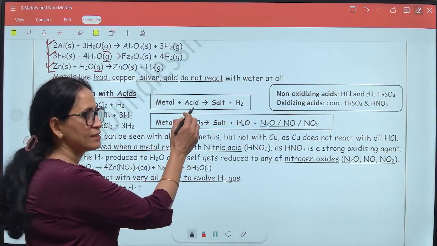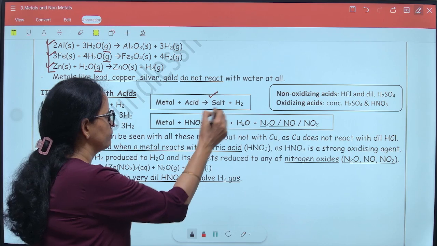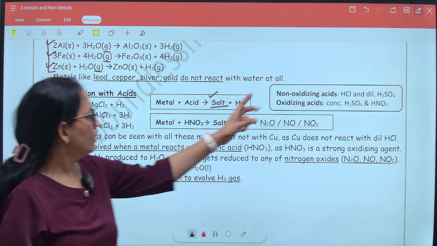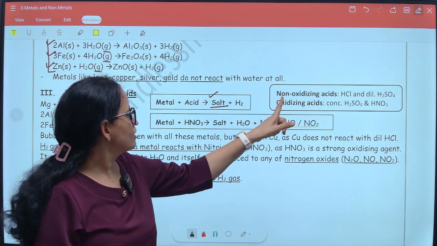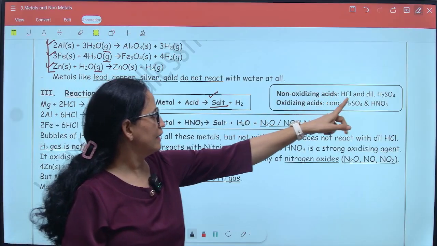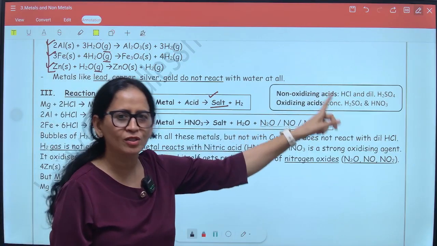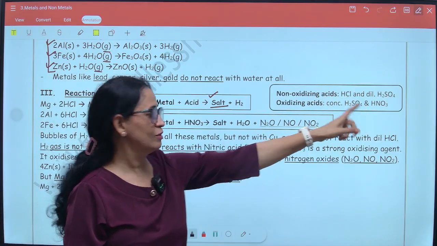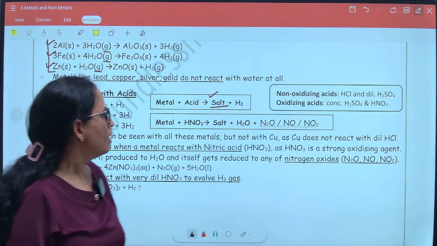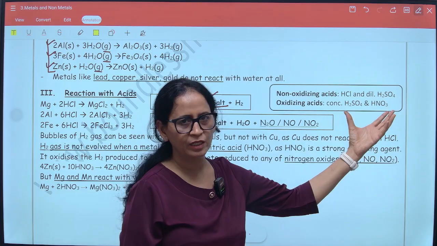Metals react with acids to form salt and water. There are two categories of acids. The first is non-oxidizing acids, that is HCl and dilute H2SO4, and the oxidizing acids, that are concentrated H2SO4 and HNO3. Why are they called oxidizing acids? Because they are highly oxidizing in nature.